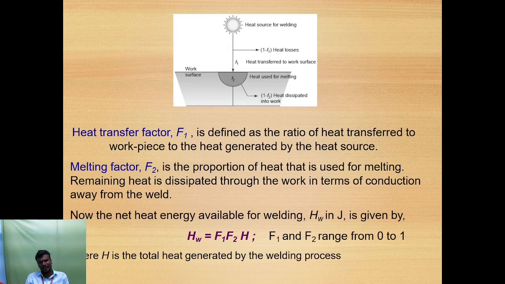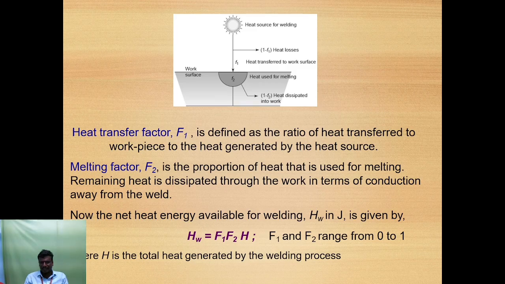The heat transfer factor is defined as the ratio of heat transferred to the workpiece to the heat generated by the heat source. And the second factor is the melting factor, which is the proportion of heat that is used for melting. The remaining heat is dissipated through the work in terms of conduction away from the weld.